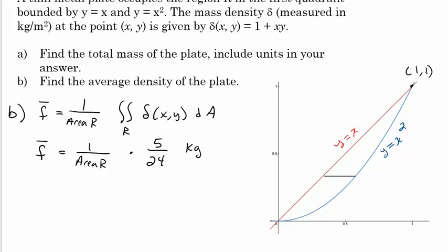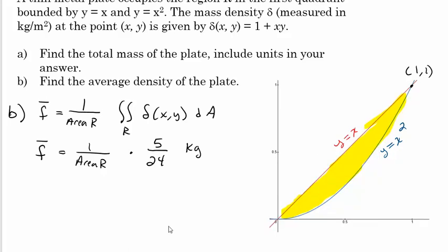So let's talk about how we're going to find the area of this region right here. Let me take this out. So now I'm going to draw a line again, but if you remember back from Calc 2, what you're basically doing is you're taking the area under the curve y equals x and subtracting out the area underneath y equals x squared.